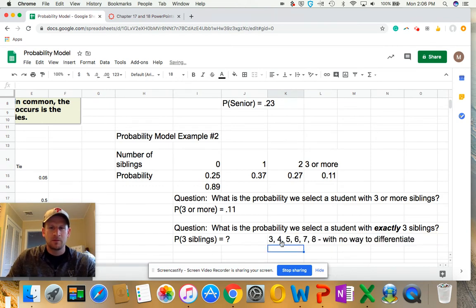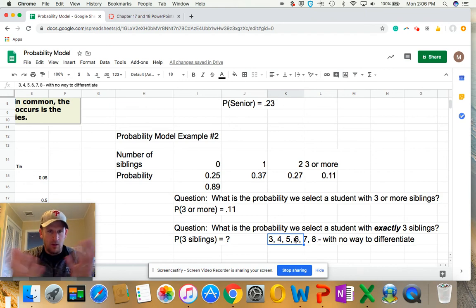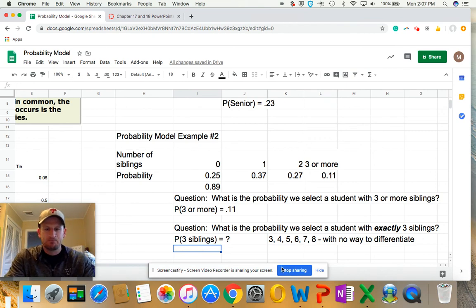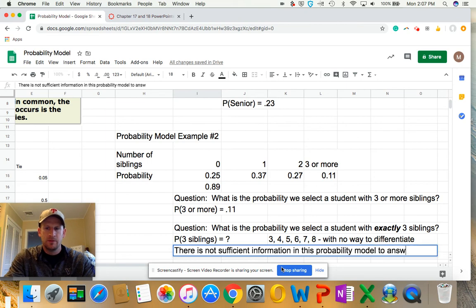I know that's kind of corny, but bear with me here. I can't tell exactly what the percentage is for just 3 siblings. All I know is that these options, and more than 8, all lumped together are 11% or 0.11. So I would say there is not sufficient information in this probability model to answer this question.